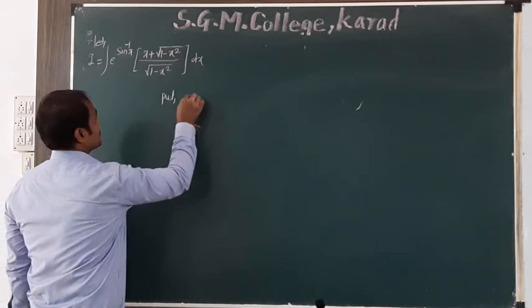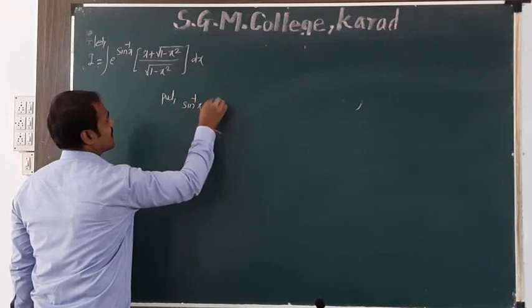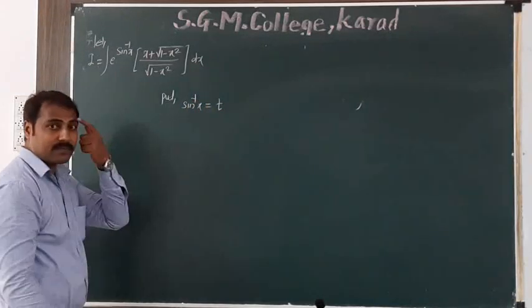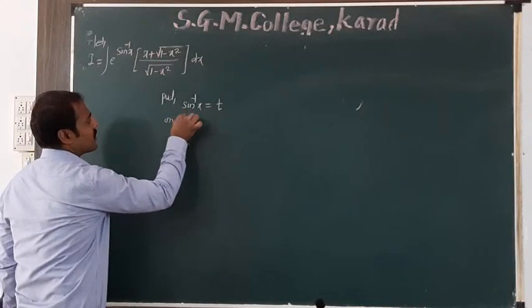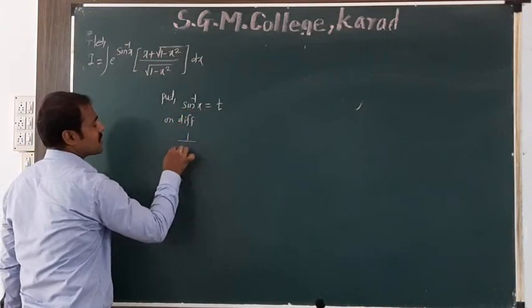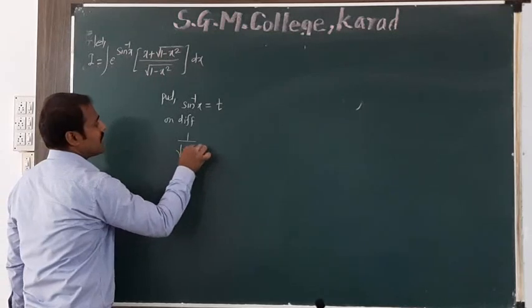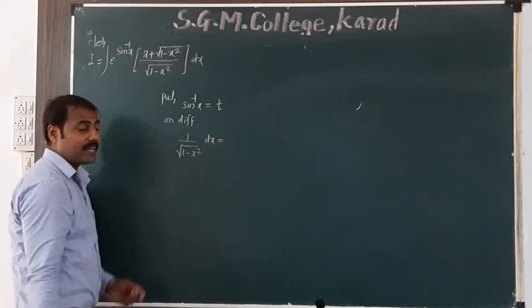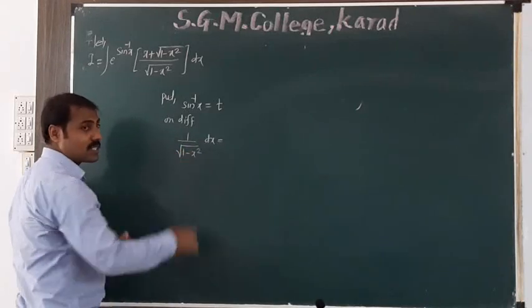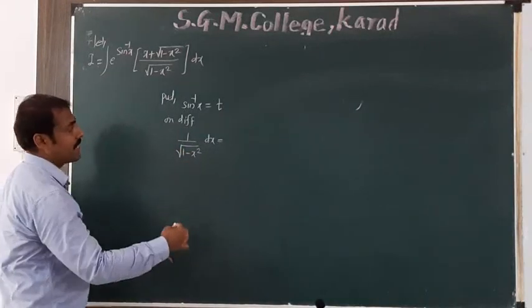Put sin inverse x is equal to t. When we put, we differentiate. On differentiating, derivative of sin inverse x is 1 upon root of 1 minus x square into dx. Why dx is there? Since it is differentiated with respect to x, so multiplied by dx.